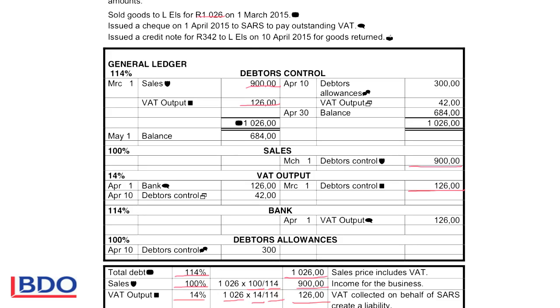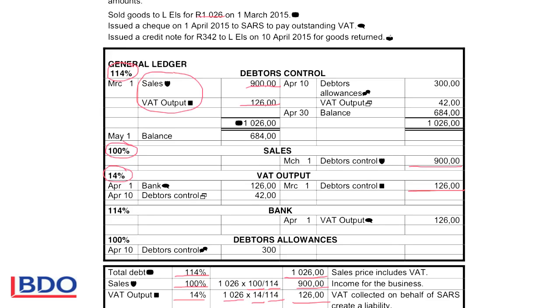If you look at the percentages, because the debtors control includes the sales price and the VAT, it is a 114% account. The sales account can never include VAT because the VAT doesn't belong to the business. Therefore, the sales account is a 100% account. VAT output is only the 14% that belongs to SARS. So this is a 14% account.